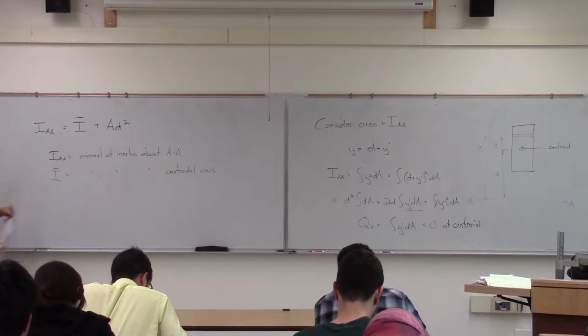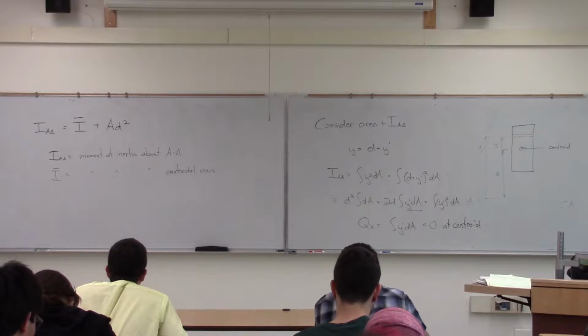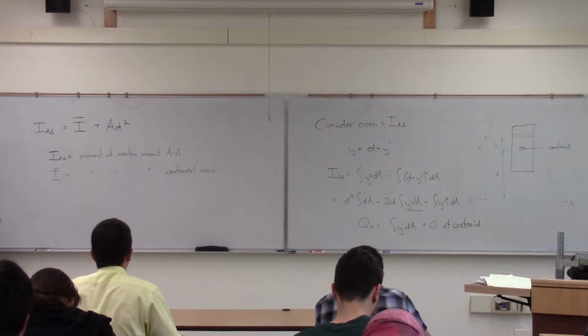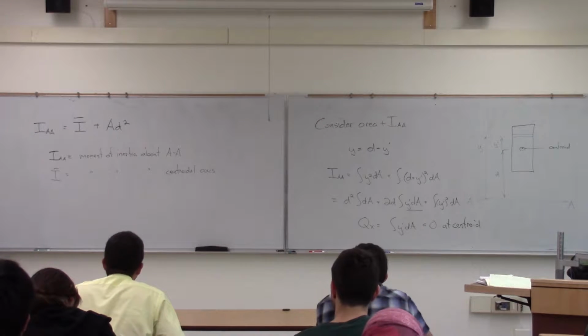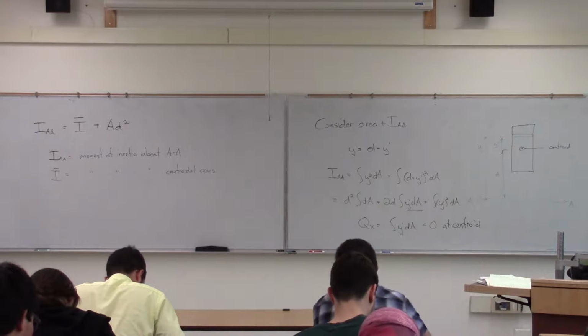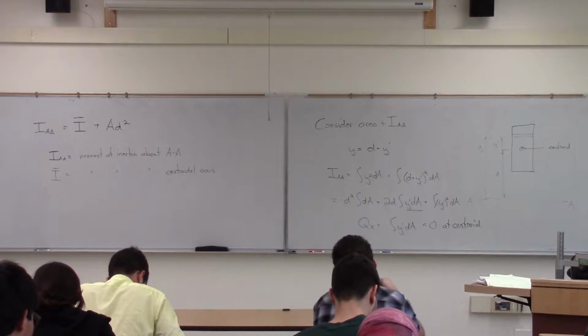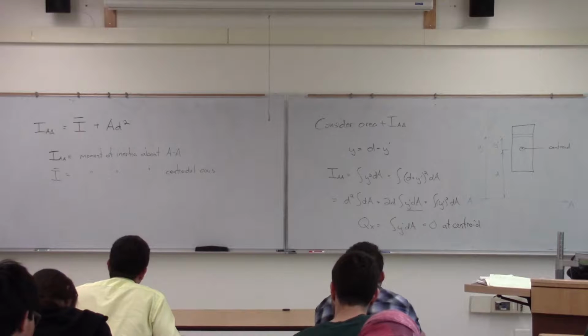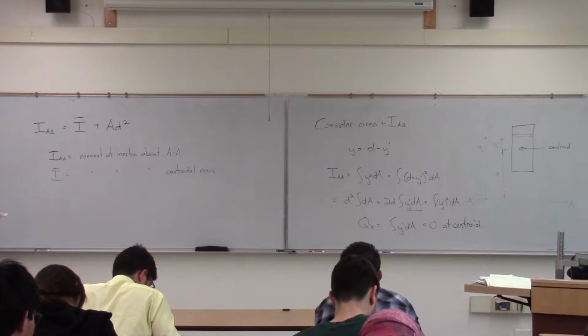Okay, so I_AA basically is going to be our unknown moment of inertia about some axis. I bar then is going to be the moment of inertia about the centroid of the section, which we'll find basically in the back of our book. Lots of sections are already defined for us, and that's, again, how we're going to do the composite construction eventually.